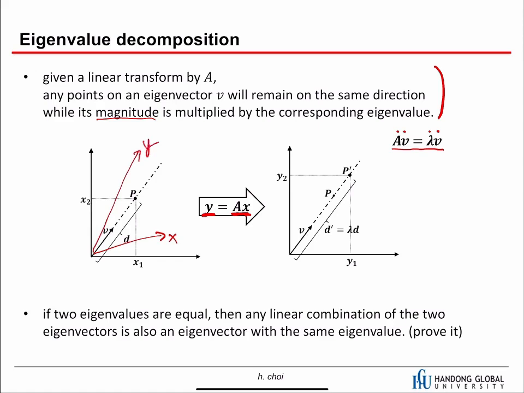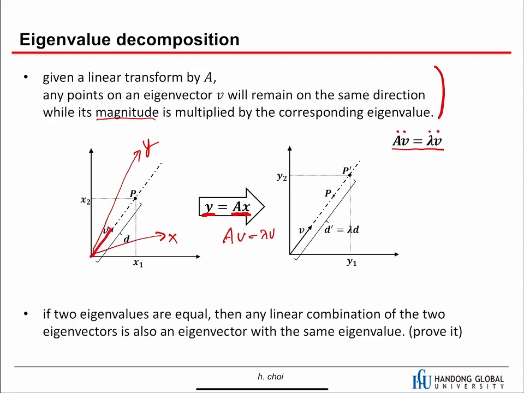So this is the usual case, but there are some special vectors, and for those vectors, when we apply a linear transformation A to V, the result is lambda V. It means it doesn't change the direction, it just changes the magnitude.